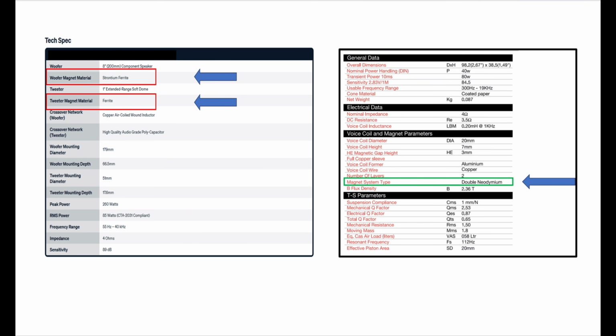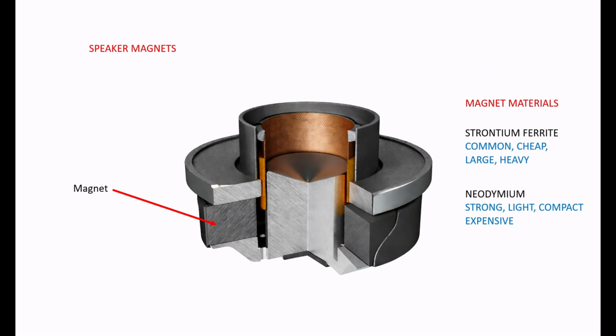Now, that doesn't necessarily mean that a neo magnet is always better. Sometimes speaker manufacturers use neo magnets when they don't really need to, because consumers think that neo magnets are somehow better and make better sound. Like I said, they're just two different types of magnets with two different levels of magnetic concentration, for want of a better term, right?